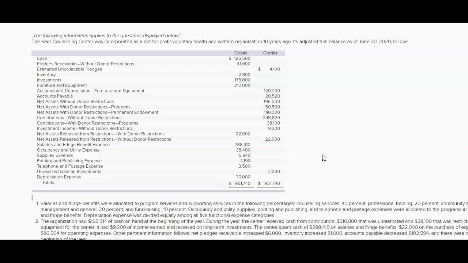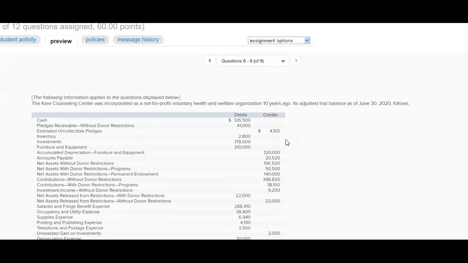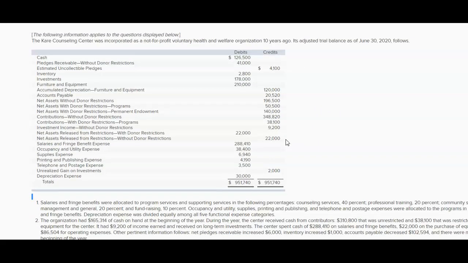Then move on to number 8, which is the statement of activities, and then come back around after you finish those to do the balance sheet and finally the statement of cash flow. Because the numbers that you're going to need to finish the statement of financial position are the ending balances in the various net asset accounts.